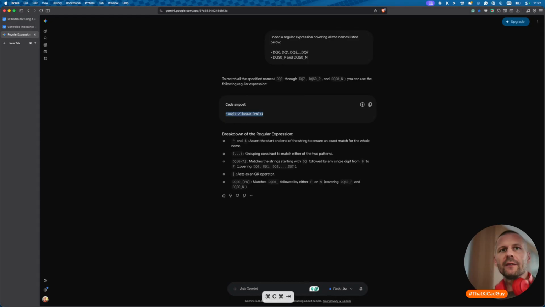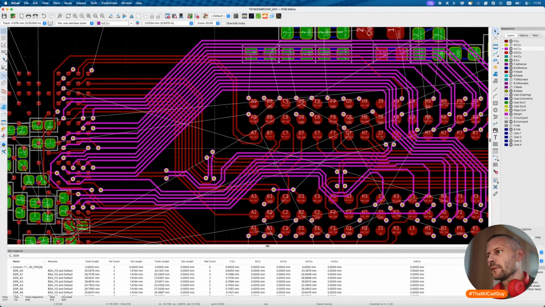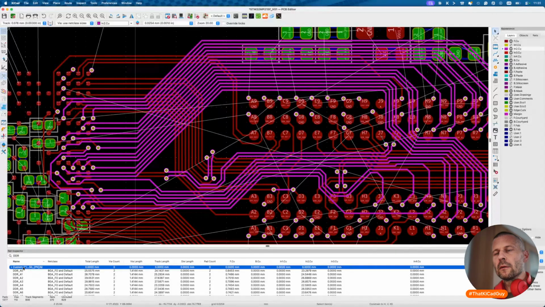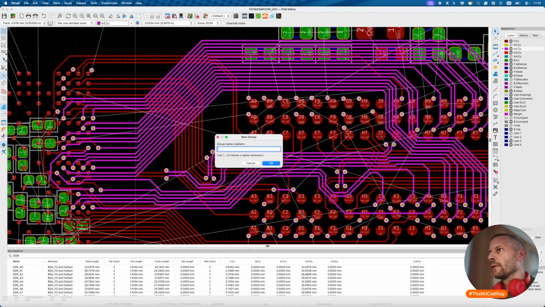So let's copy it and place it inside of the slash. Yeah, there is a custom group that, oh well, it's really a group name.